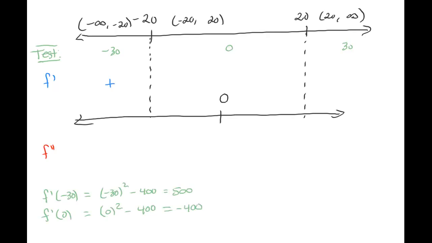All that I really care about is the sign. That first derivative is negative here. And then finally, f prime of 30 is equal to 30 squared minus 400, which is equal to positive 500. All that I care about is the sign. So the first derivative is positive in that interval.